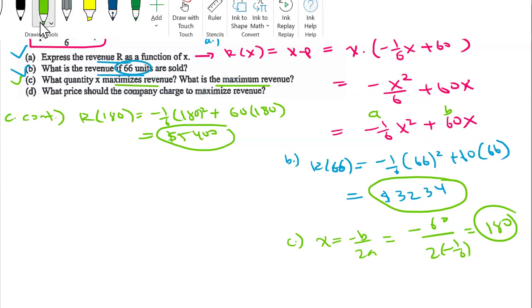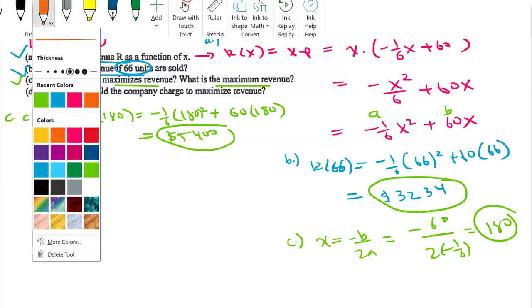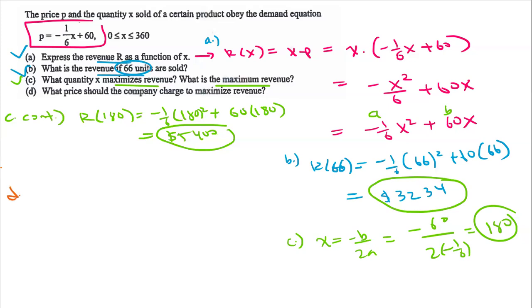And then the last one here, part D. What price should the company charge to maximize the revenue? Well, we do have the price, right? The price P is this equation here. We found out what X needed to be to maximize the revenue.